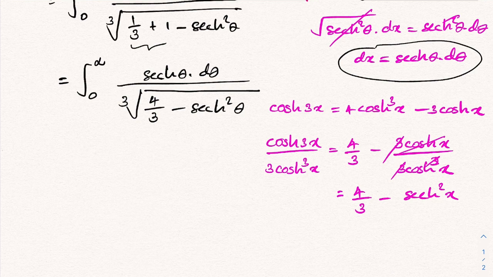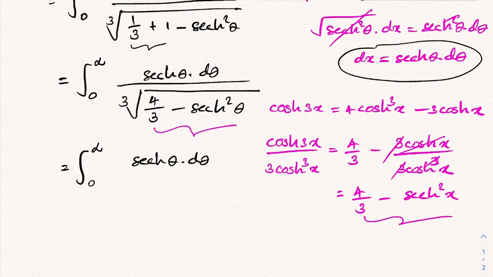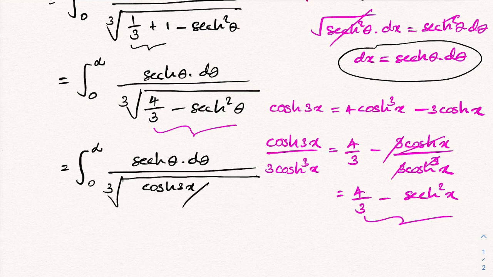Now we have the same function, so we can write the integral from 0 to infinity of hyperbolic secant of theta d theta over the cube root of hyperbolic cosine of 3x over 3 times hyperbolic cosine cubed of x.